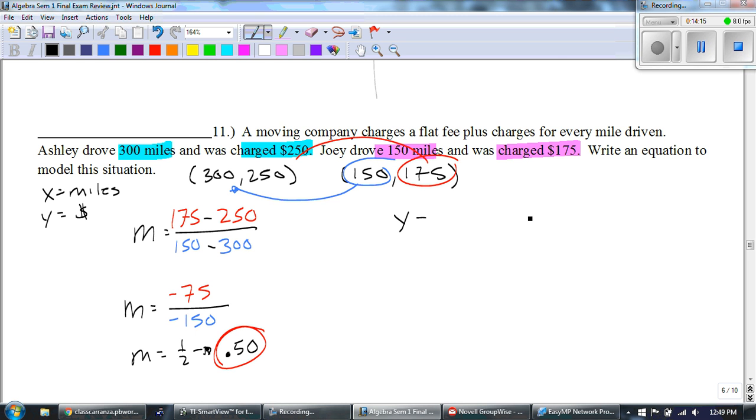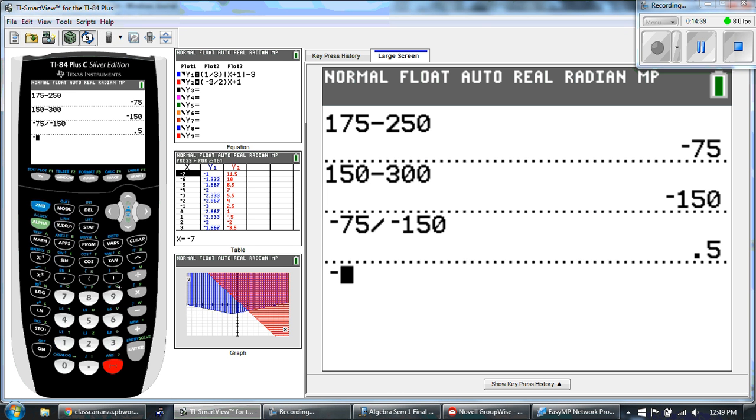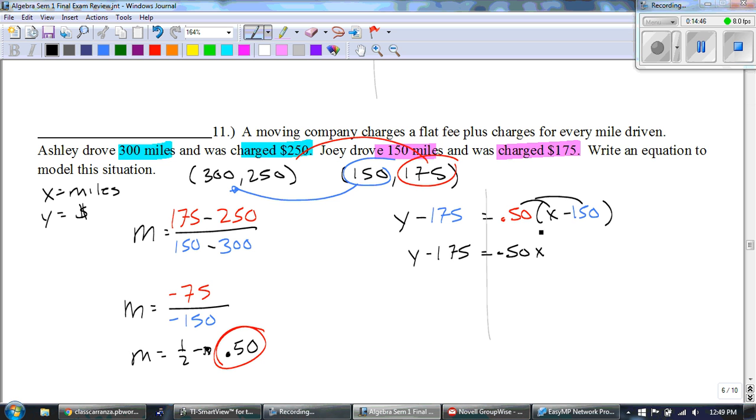So now I know what the slope is. I'm just going to plug into point-slope. I'm going to pick the smaller numbers, so I'm going to go with (150, 175). So y minus 175 equals 0.50x, and nope, 0.50 times negative 150 equals negative 75.